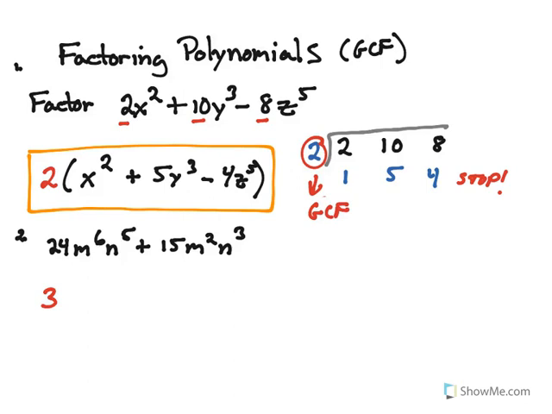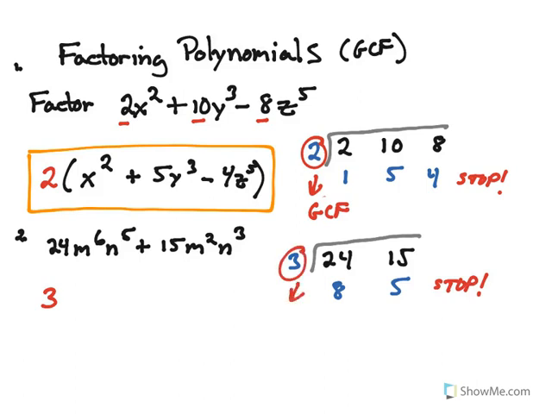And remember, how did I find the GCF of 3? Well, I have to divide both of these numbers by a number that goes into it evenly, and 3 would be the only one. 3 goes into 24 8 times, 3 goes into 15 5 times. And there are no other numbers that go into both of those evenly. So what I'm going to do is I'm going to stop.